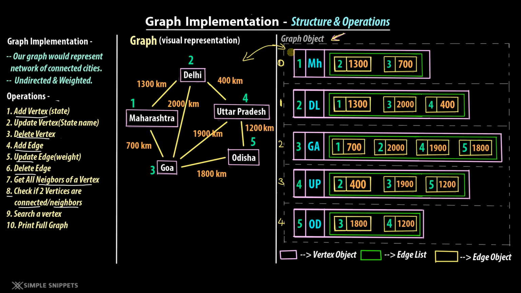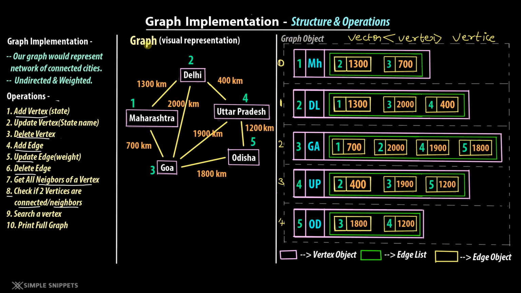Inside this, each single row is for a particular vertex: graph object of 0, graph object of 1, graph object of 2. This entire listing inside the graph object itself is a vector. In the graph object, we will have a vector of type vertex, and let's name it vertices. So this is going to be our graph object.